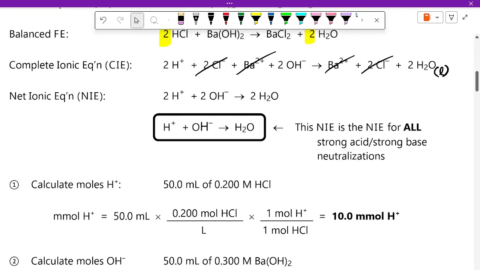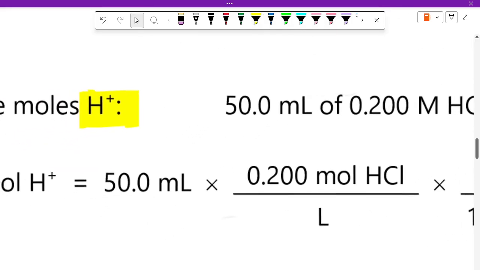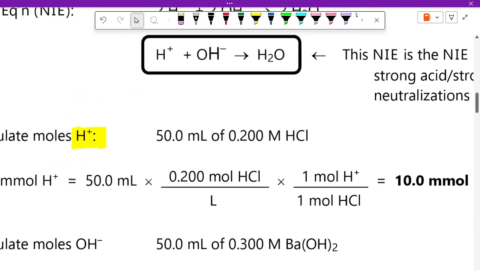Calculate moles of H. So you're going to take your 50 milliliters. Remember, what does of mean? Of means times. So 50 milliliters times 0.2 moles per liter times 1 mole of H+ per 1 mole of HCl. That gives us 10.